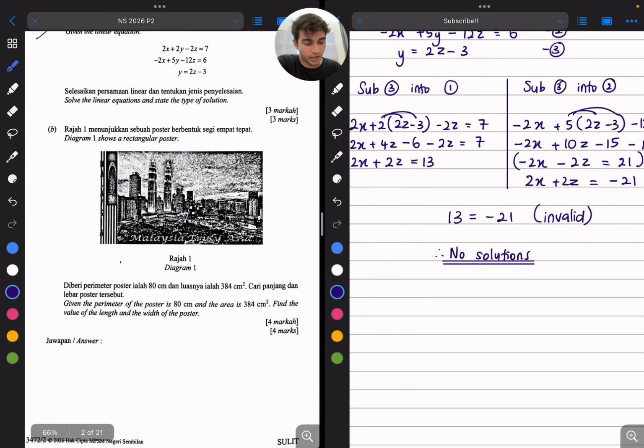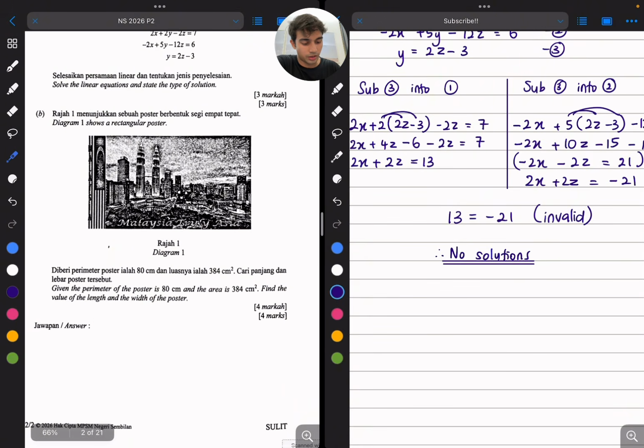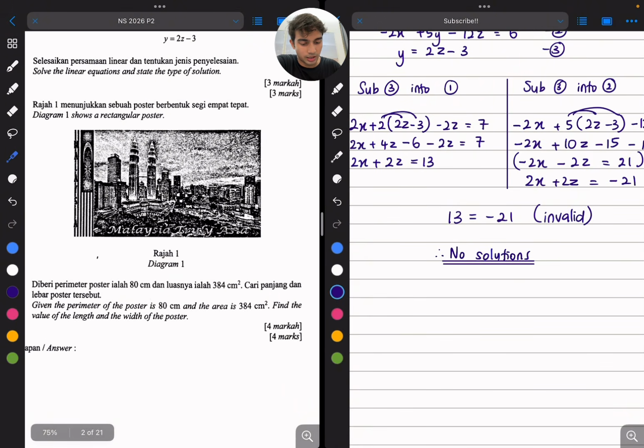Let's try B. Given the perimeter of this poster is 80 cm and the area is this, find the value of length and width. So the perimeter is 80. Let's call this x and this y.